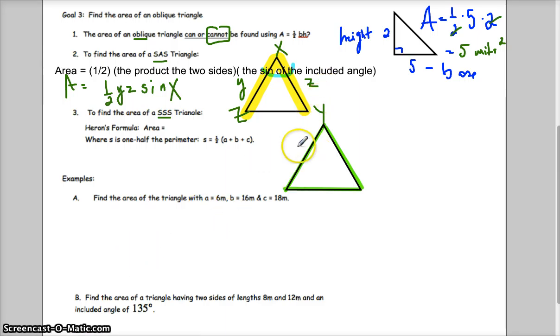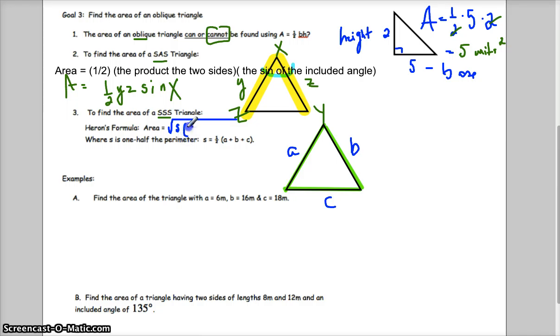So let's go ahead and give these sides values. We'll call this side A, side B, and side C. Notice we don't know any of the angles. I'm not highlighting any of the angles with arcs, so we know that that's not necessary. So the formula for Heron's triangle is the area is equal to the square root of S. We'll come back in a moment and discuss what S is.